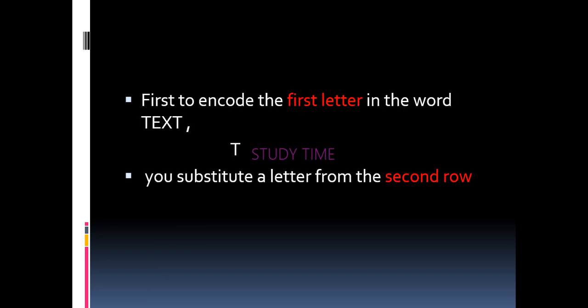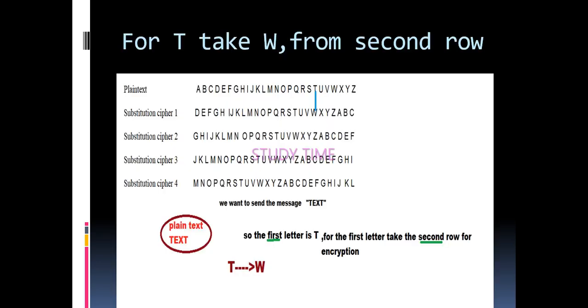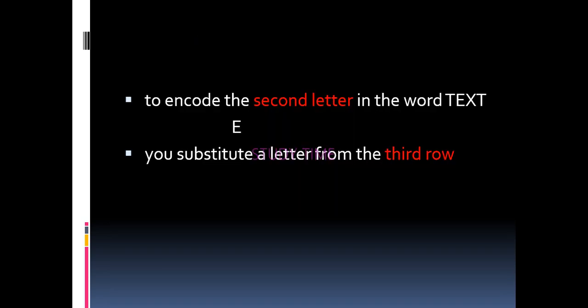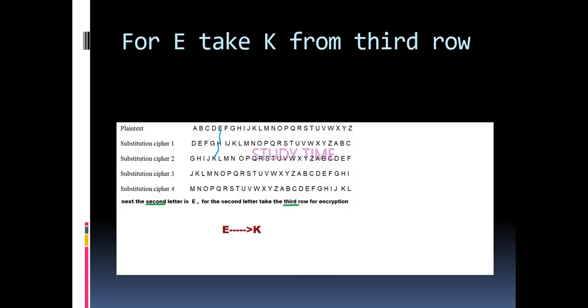Let us try to encode the word text. First, to encode the first letter in the word text, T, you substitute a letter from the second row. For T, take W from second row. To encode the second letter in the word text, E, you substitute a letter from the third row. For E, take K from third row.